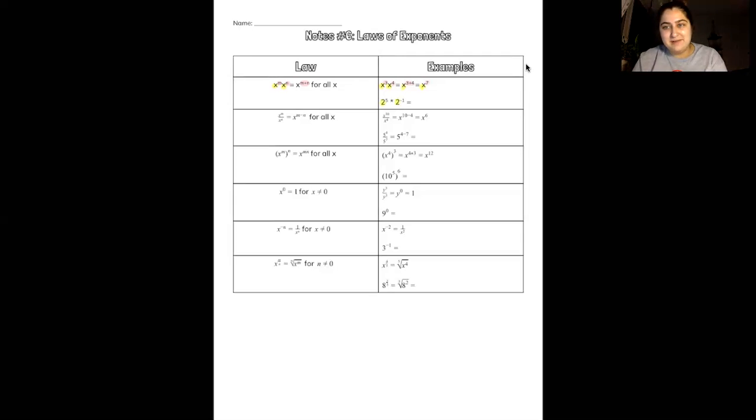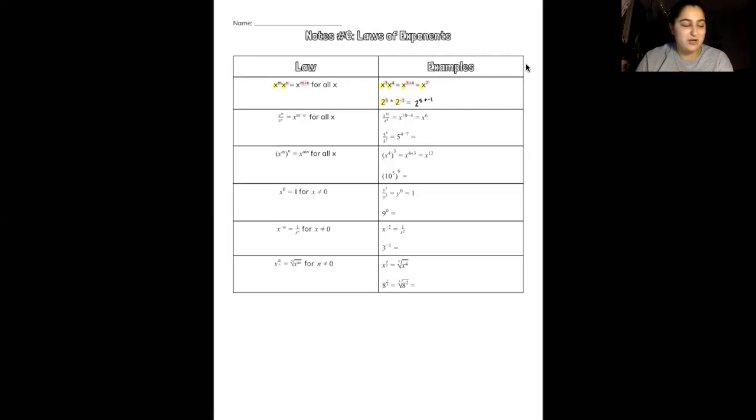So if we look here at the next example, we have 2 to the 5th times 2 to the negative 1. And this one's a little different looking because one, we have a negative exponent, and two, we have the base of 2, not x, right? But the rule is still the same, nothing changes. So I have 2 to the 5th times 2 to the negative 1. And so I add the exponents together.